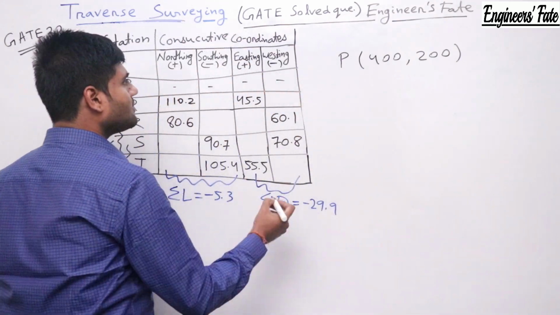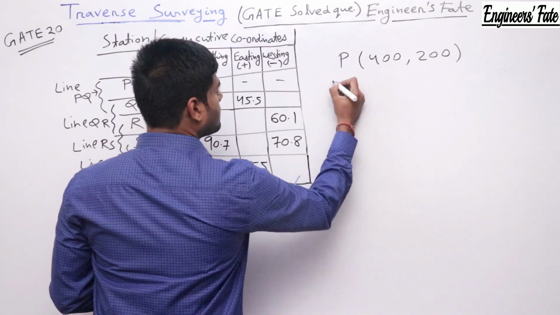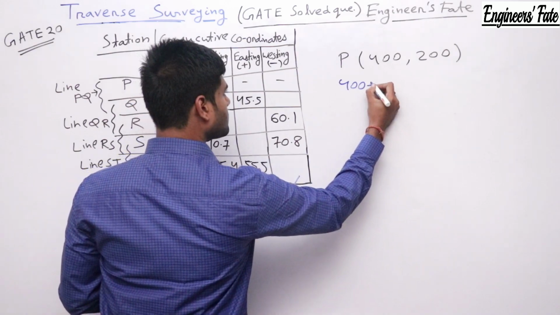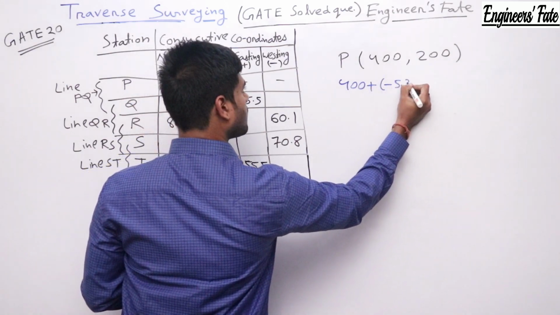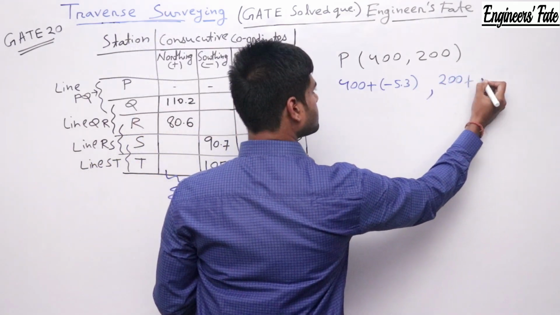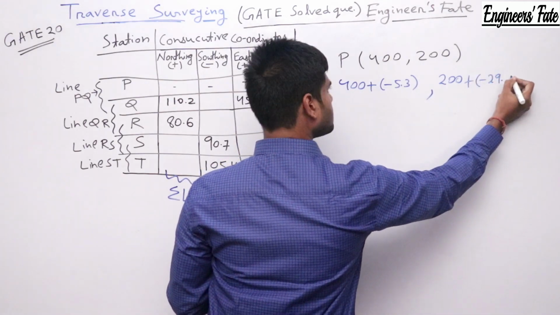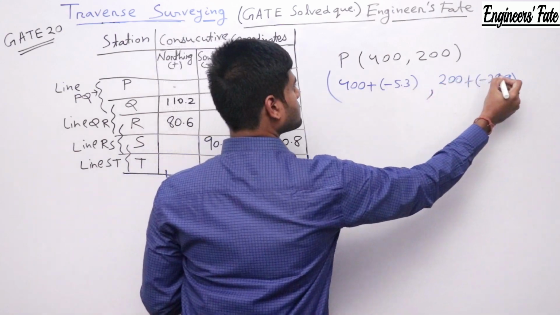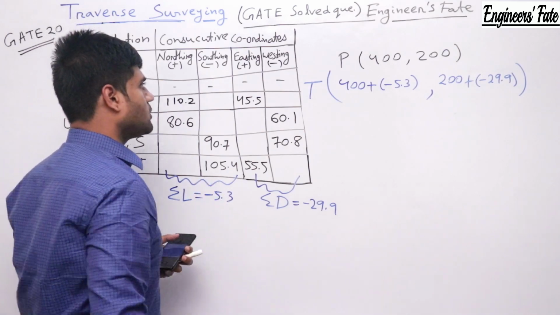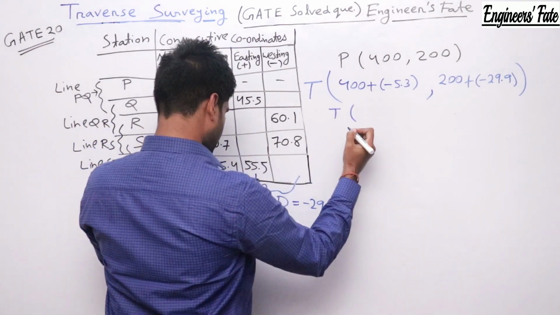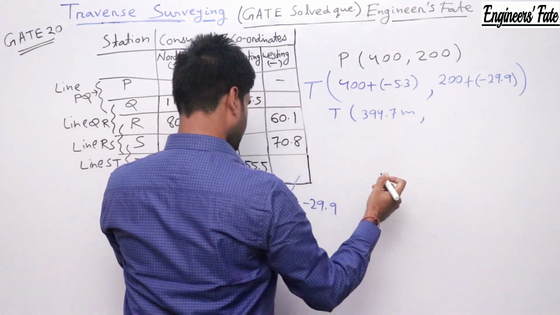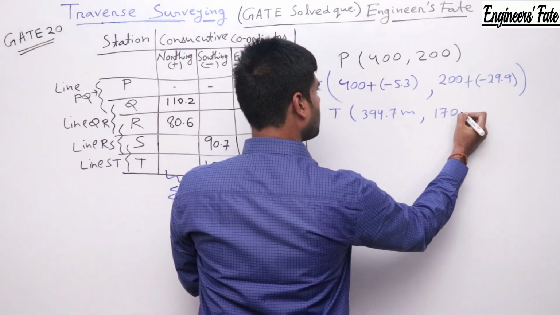So I can simply add these to the coordinates of P to get the coordinate values of station T. So this will be the coordinates of T. If you just solve, you will get 394.7 meter and 170.1 meter.